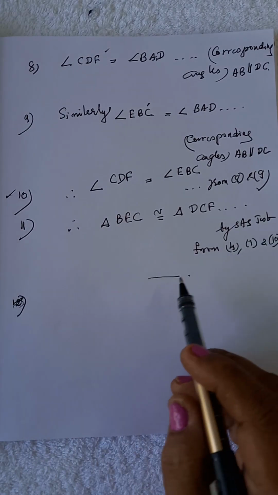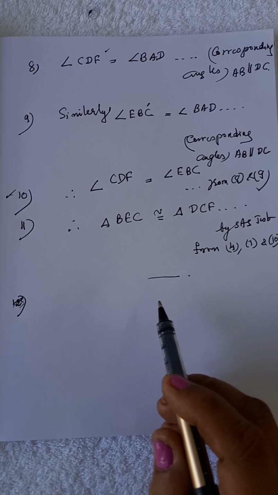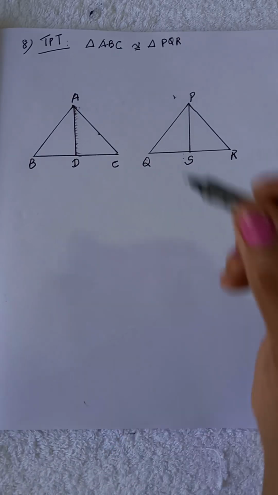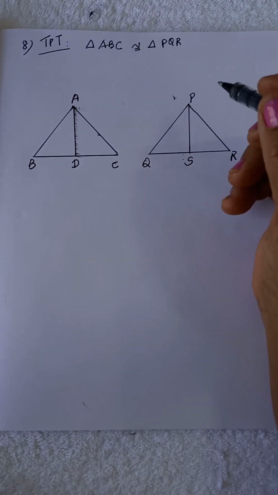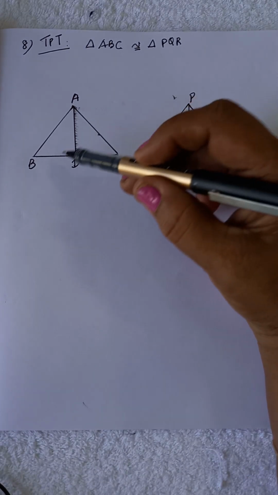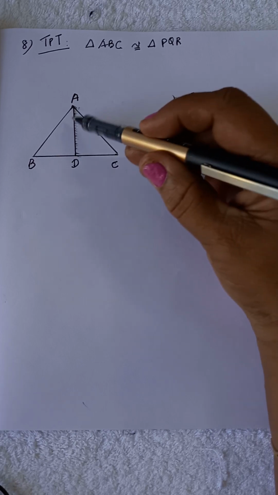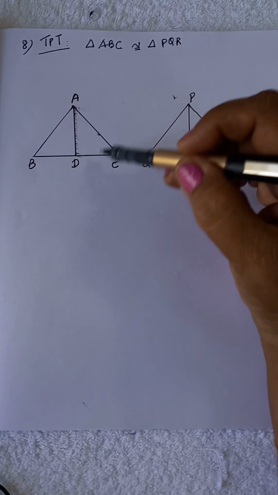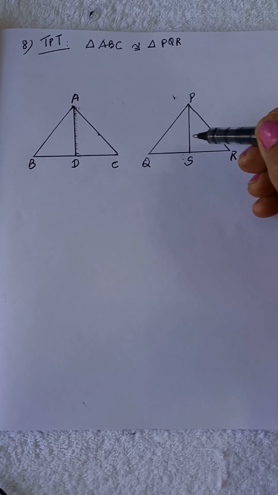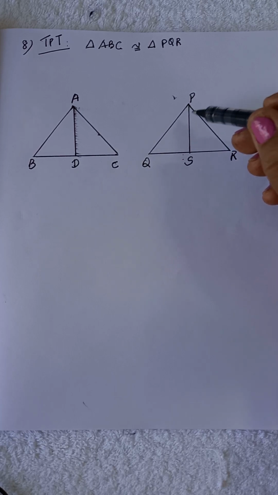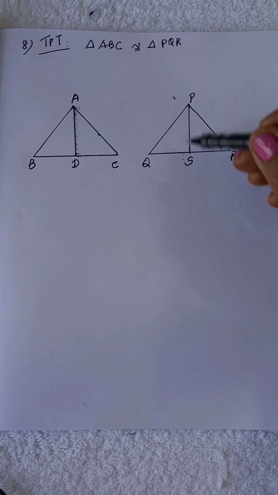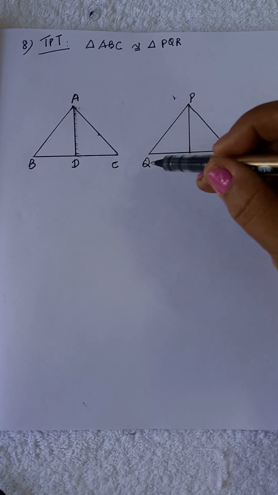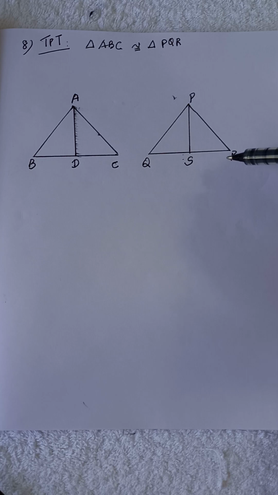Now the eighth question is, in the following figures, the sides AB and BC and the median AD of triangle ABC are respectively equal to the sides PQ, QR and the median PS of triangle PQR. To prove that triangle ABC and triangle PQR are congruent.